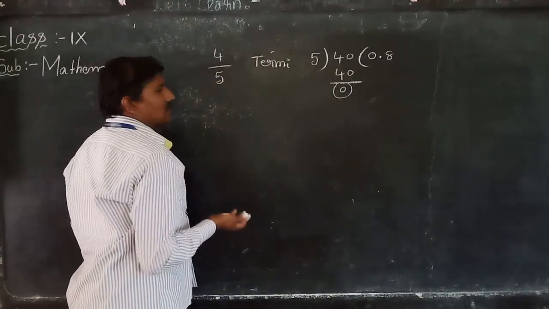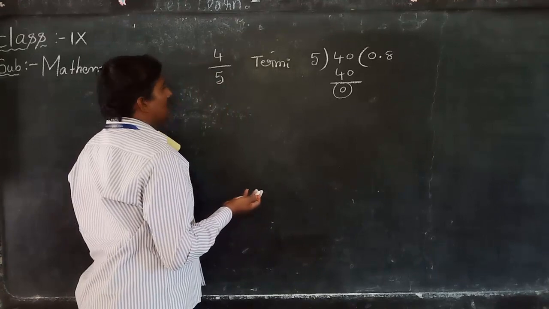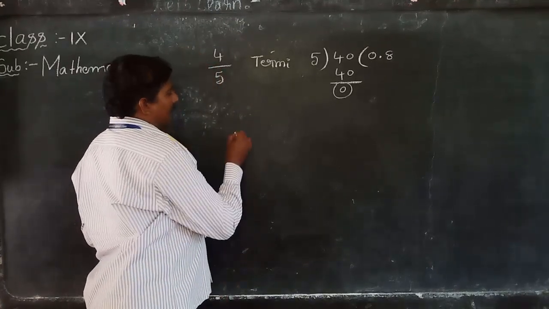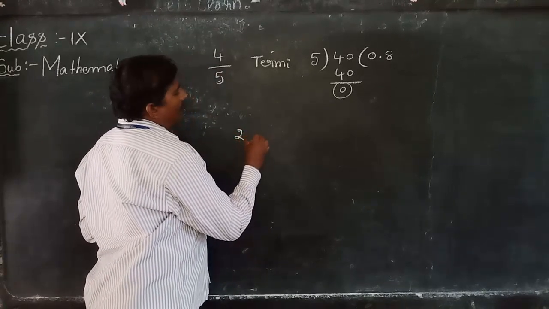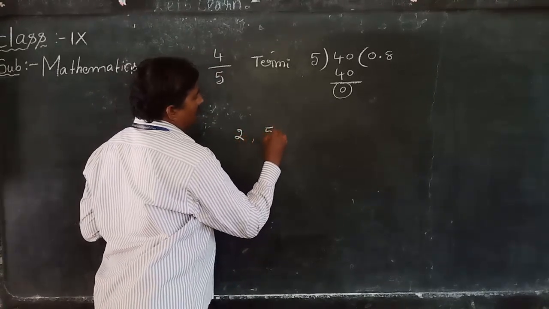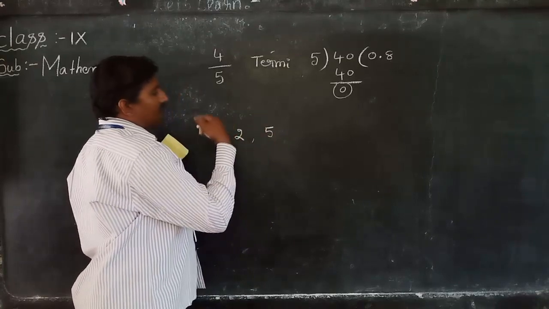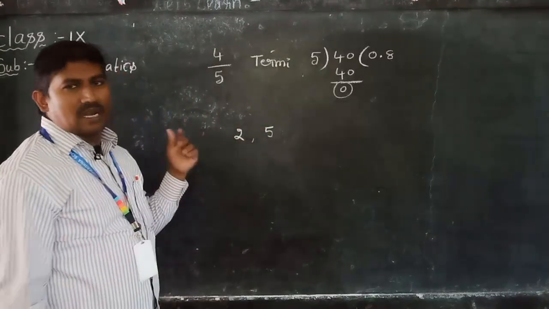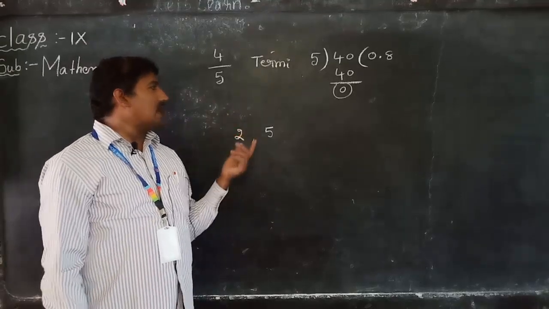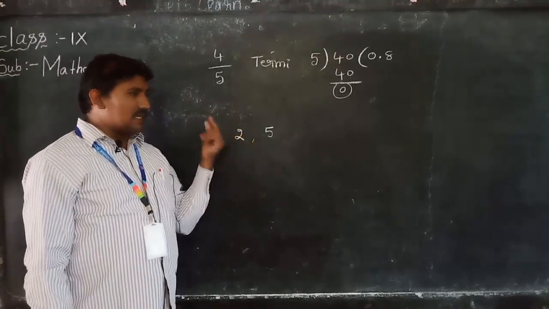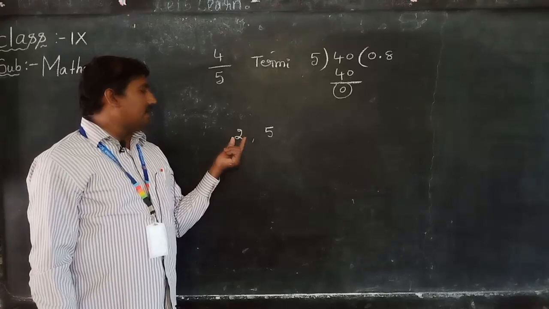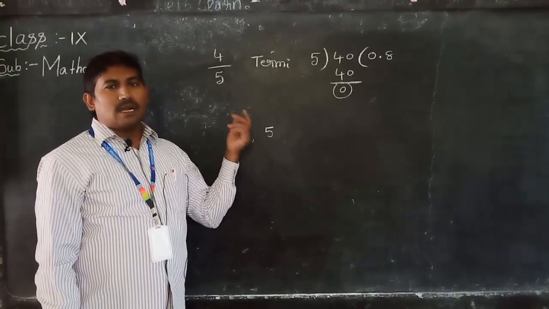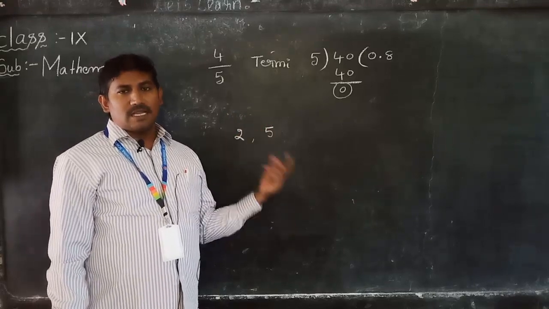Without division, how can we say? See the denominator. In any rational number, if the denominator has either 2 or 5 or both, that is a terminating decimal.